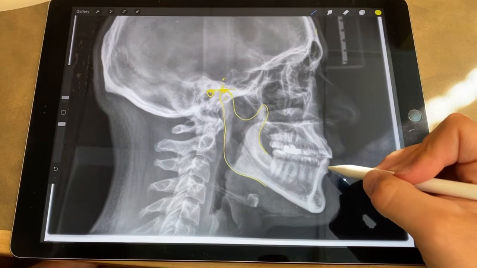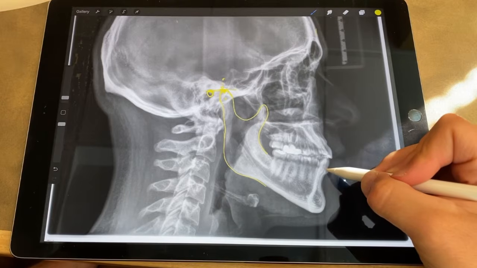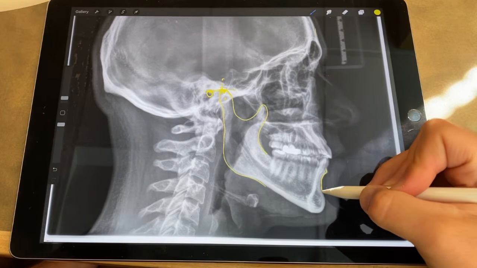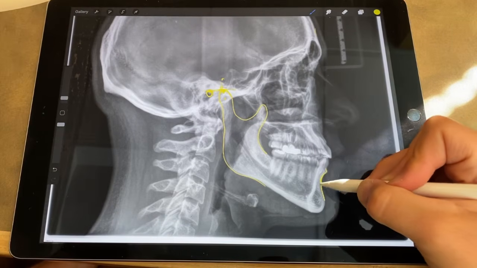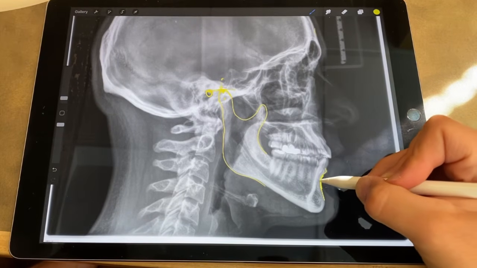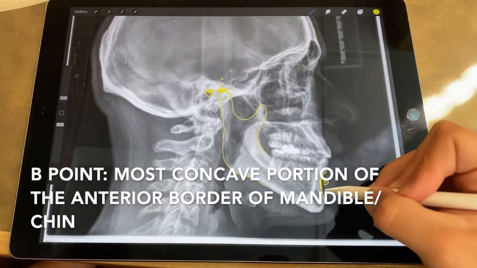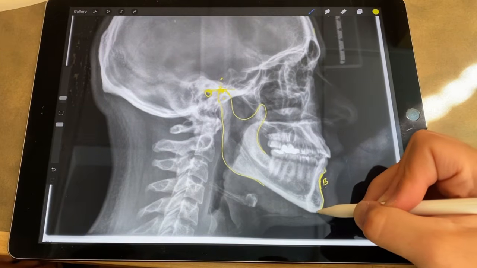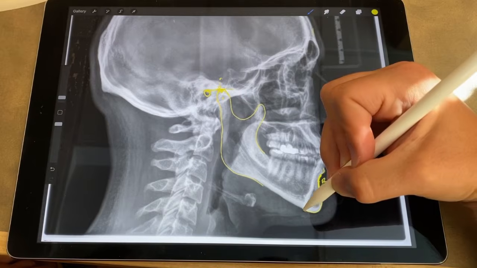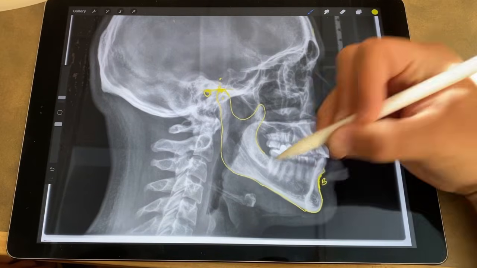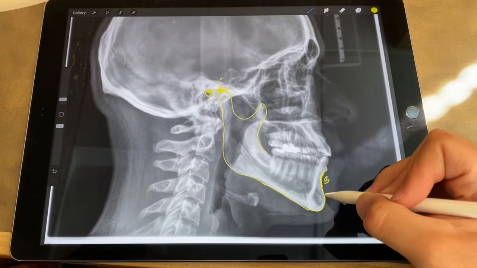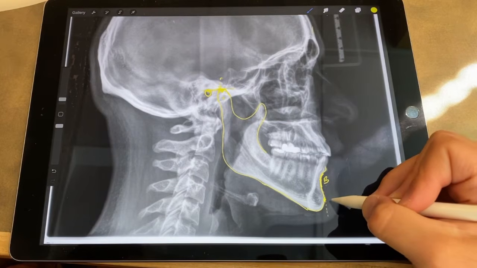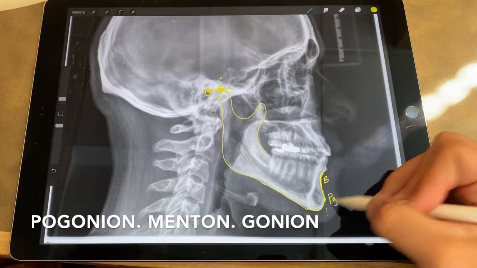Now we have the gingival border right here where the bone and the tooth meet all the way down. And then this most concave portion right through here, that's B point. Okay, and then we draw the skeletal chin, continue along the mandibular plane up there. Now the most forward position here, which would be about right there, that is pogonion.